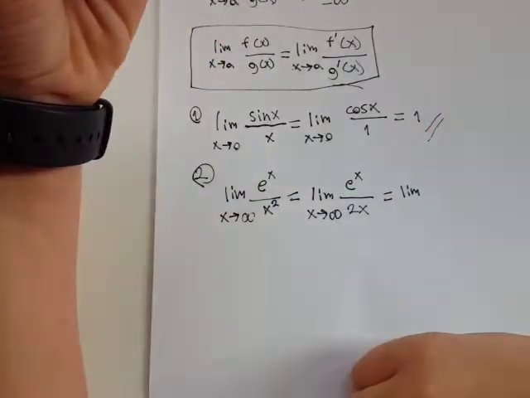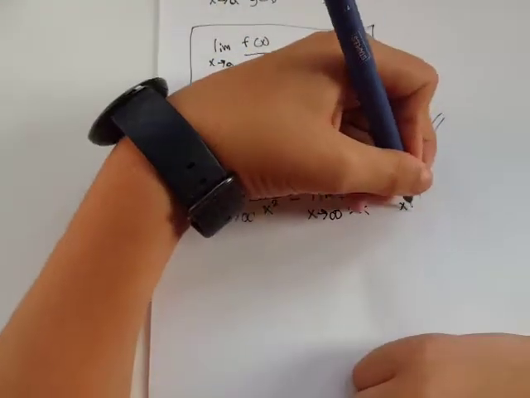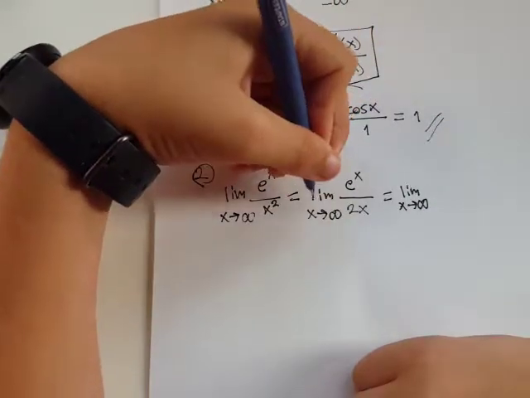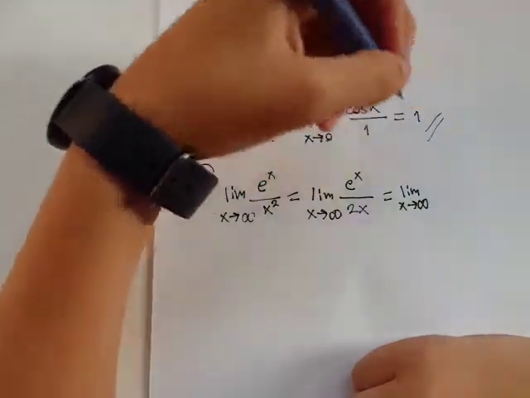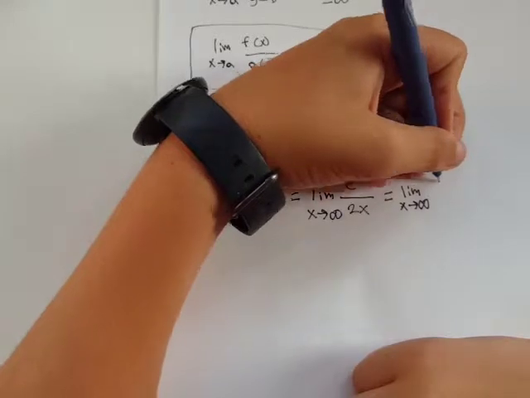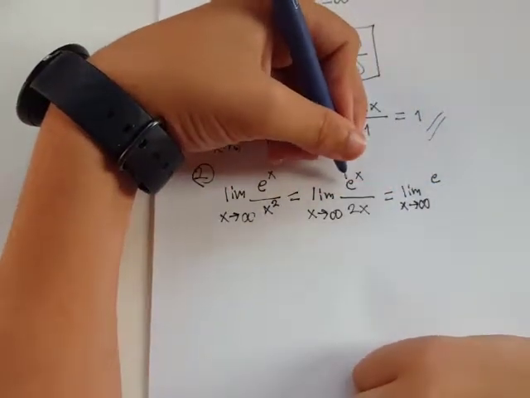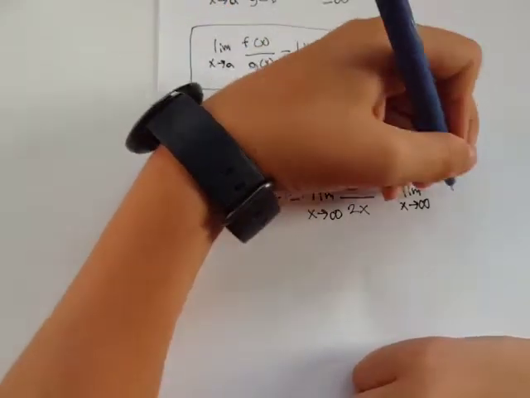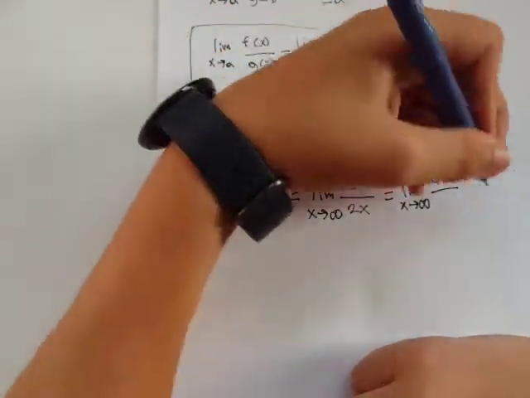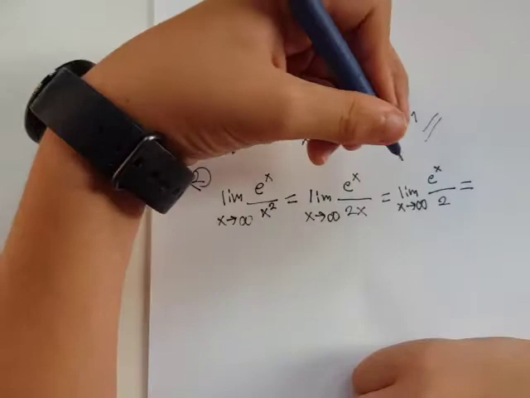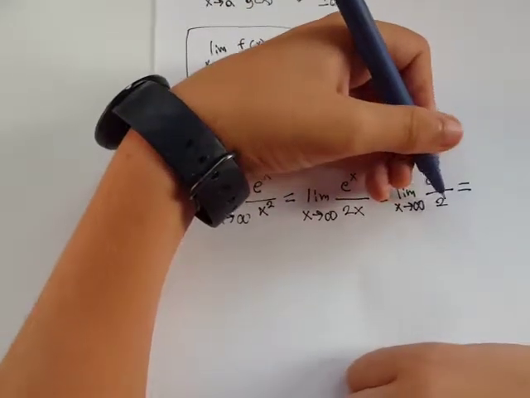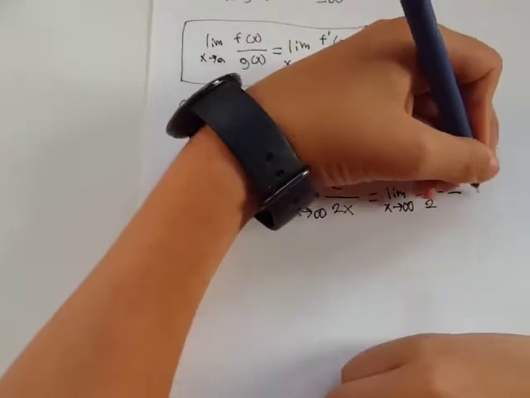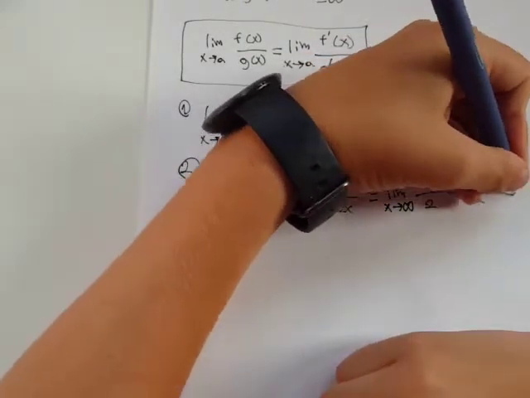You can apply it as many times as you want until it reaches a limit that does not have any indeterminate form. So again, the derivative of e to the x is e to the x. The derivative of 2x is 2. This does not grow, but the numerator approaches infinity. So infinity over 2 equals infinity.